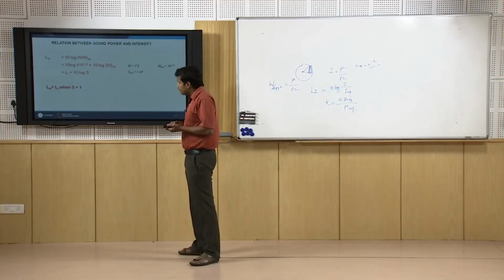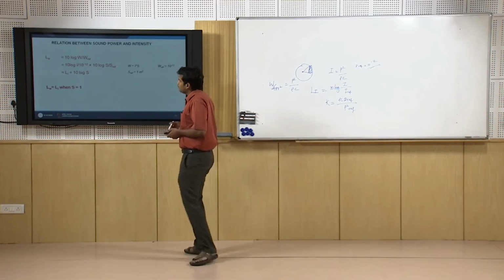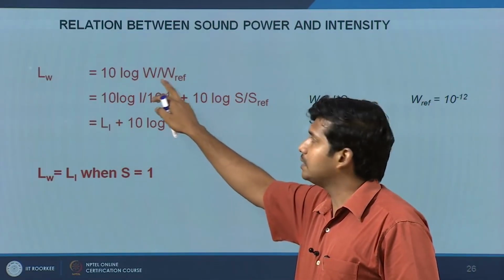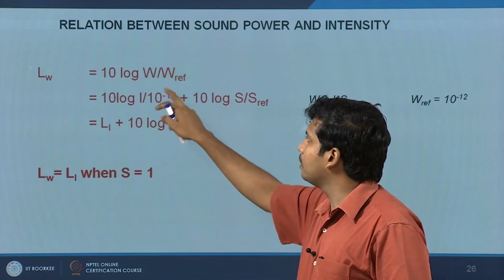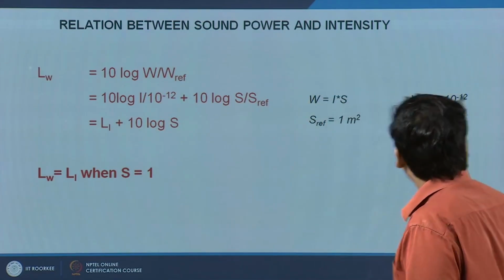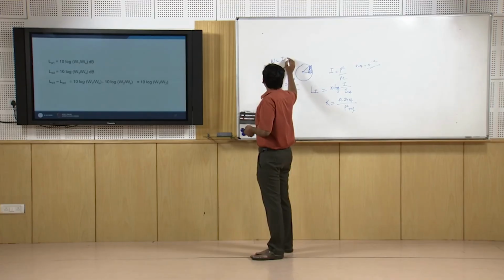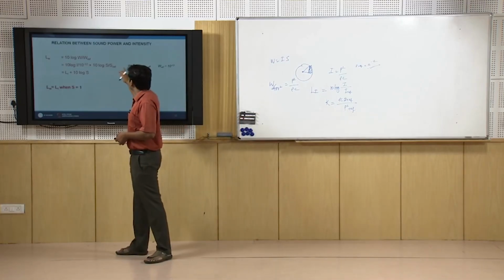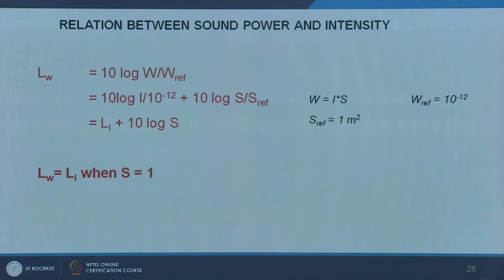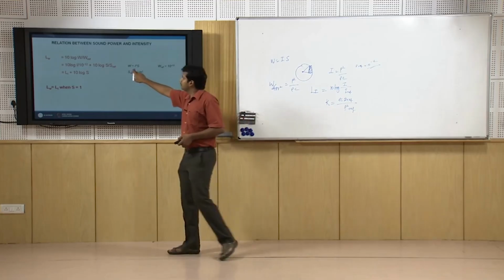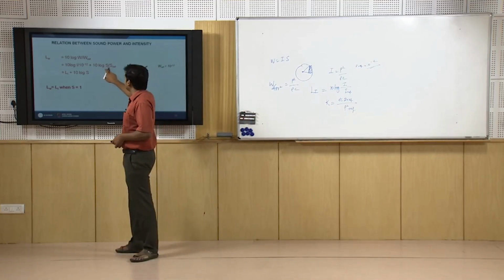The relation between power and intensity, similarly, you have sound power level is 10 log W by W reference, W is the sound power, W reference again 10 power minus 12. W can be expressed as I intensity into surface area. If you substitute this, it will become I by I reference into S, so this becomes plus 10 log of S by S reference.